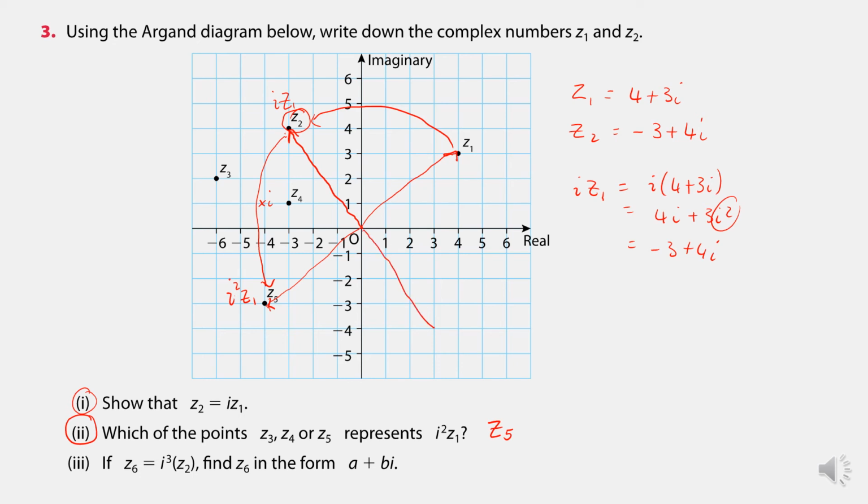So we'll have multiplied z2 by i squared, going by 90 degrees 2 times. If we go again by 90 degrees, where do we end up? We end up at z1. So I can say that z6 equals 4 plus 3i.